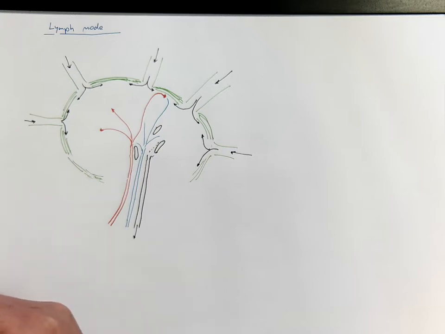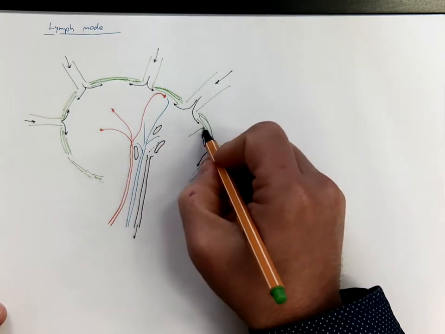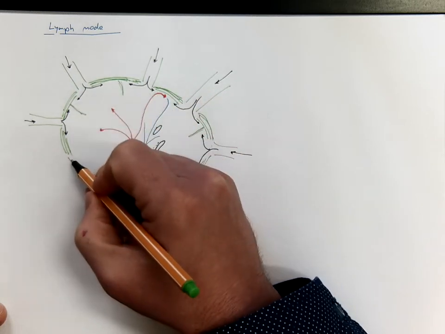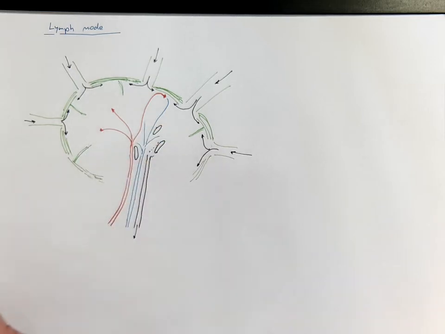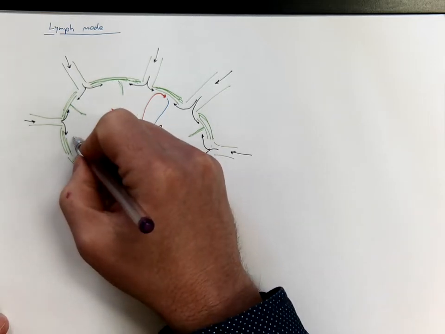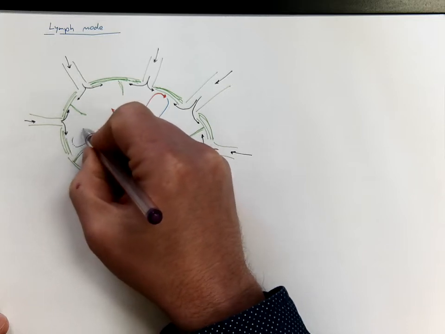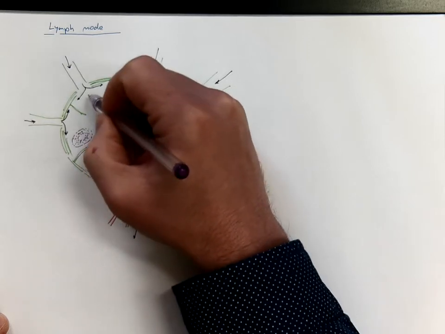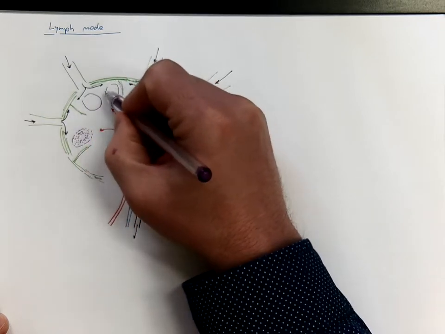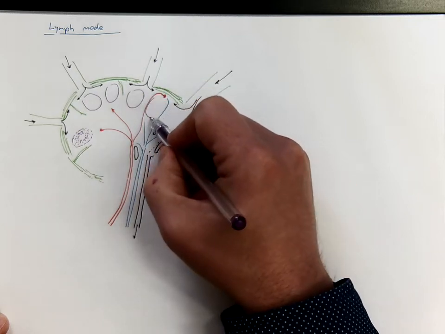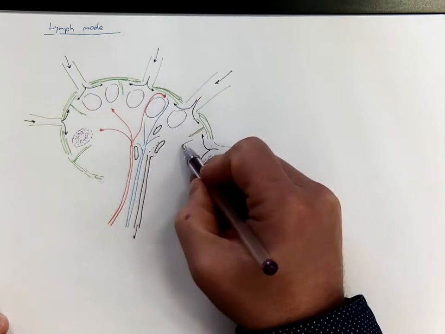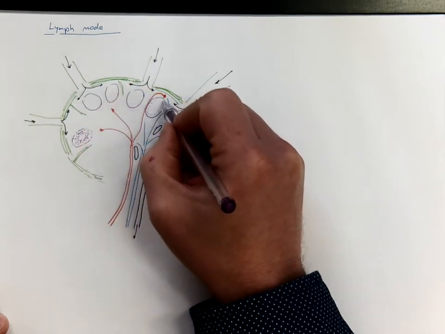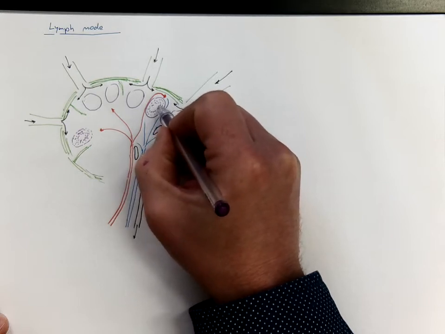Then it flows along the connective tissue trabeculae that penetrate here, and it flows around the accumulations of lymphocytes that are called lymphoid follicles. So we have these lymphoid follicles here, and the region with the lymphoid follicles is called the cortex.